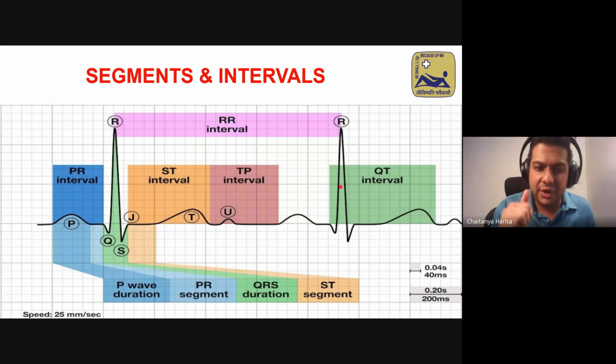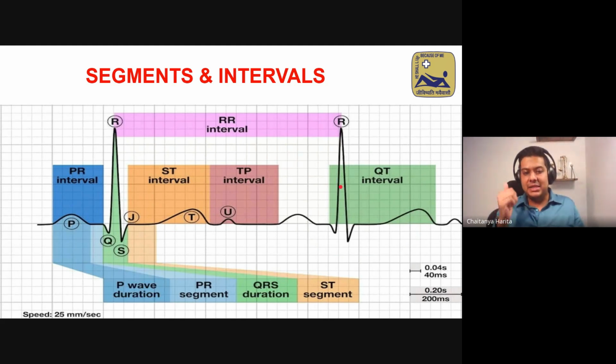This is a function of electrolytes, especially calcium and potassium. It is also a reflection of the ventricular electrical capacity. So there are only two intervals, PR, which is SA node to AV node, and QT, which is AV node henceforth. Two intervals are important for you.